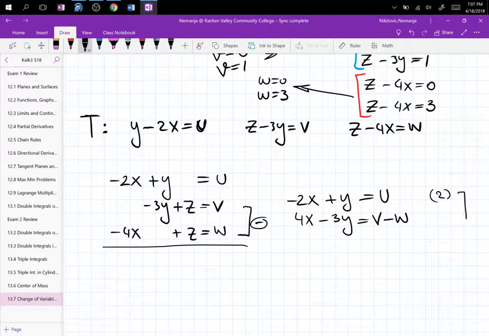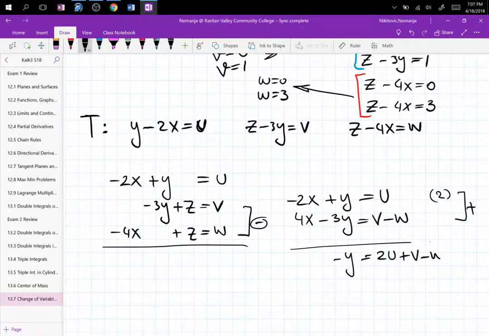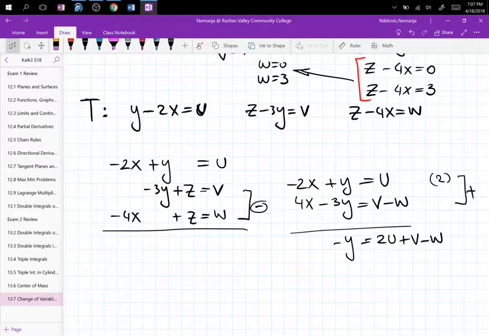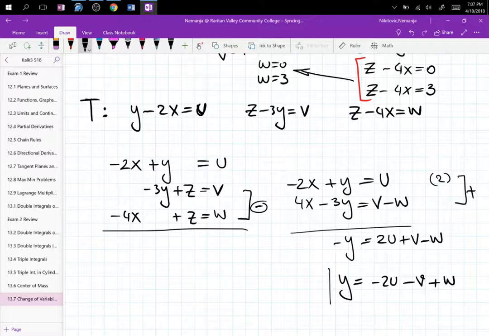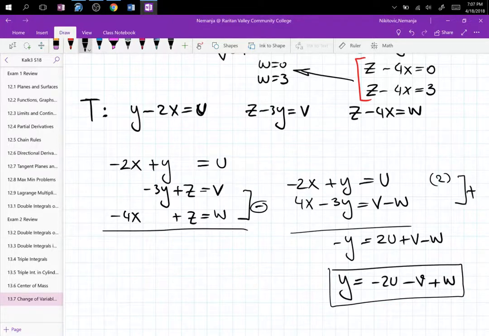Top equation times 2 and then add them. Top equation times 2, that's a negative 4 that dies. This is negative y equals 2u plus v minus w. And here is your transformation for y. y equals negative 2u minus v plus w. That's one of them. Rinse and repeat for the others.